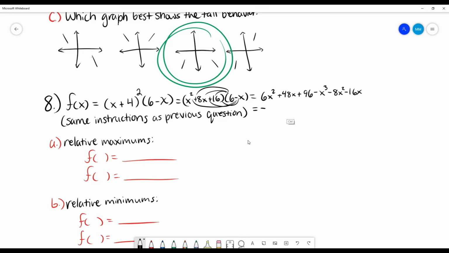Oh, standard form. So negative x cubed, negative 2x squared, 48x minus 16x is a 32x plus 96. Okay. Now if I take the derivative, it's a little easier. So it's going to be negative 3x squared minus 4x plus 32.